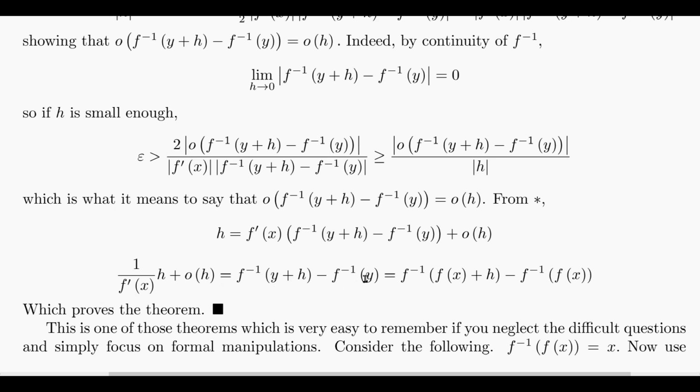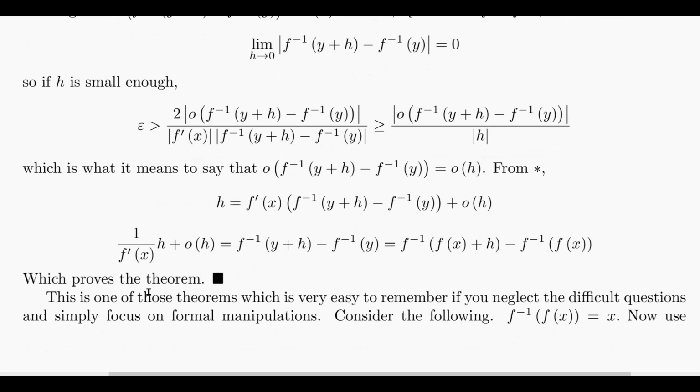And now remember what y was? y was f of x. So I get this expression here. And that is exactly what it means to say that the derivative of f inverse exists at the point f of x and equals 1 over f prime of x. So that proves the theorem.